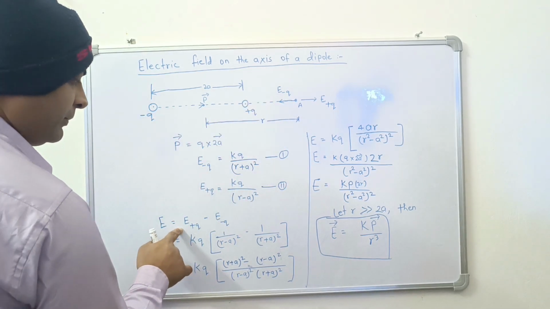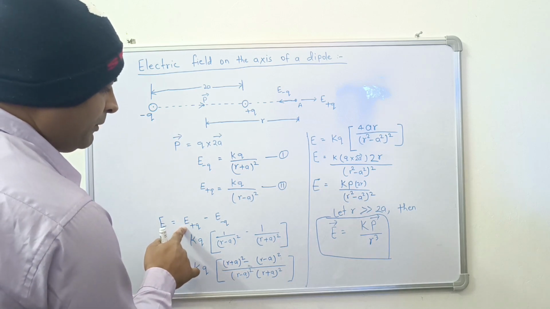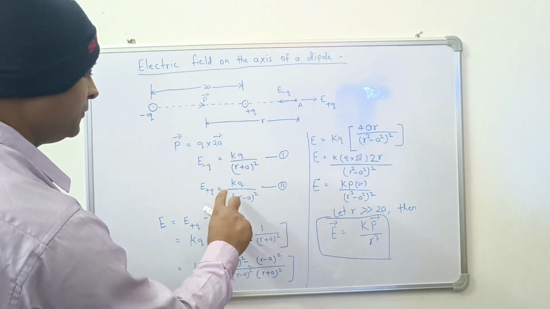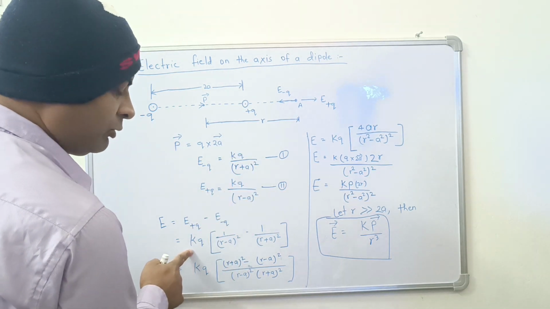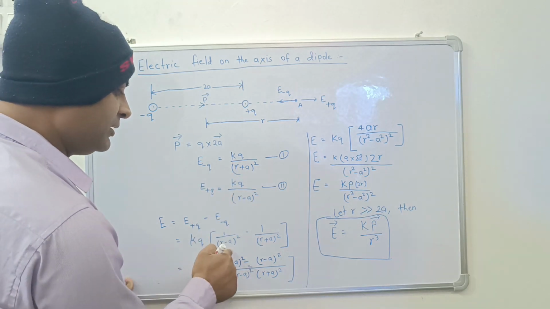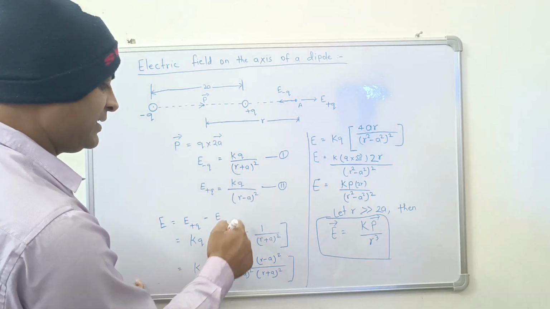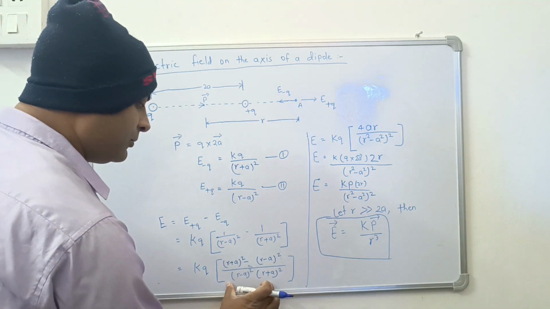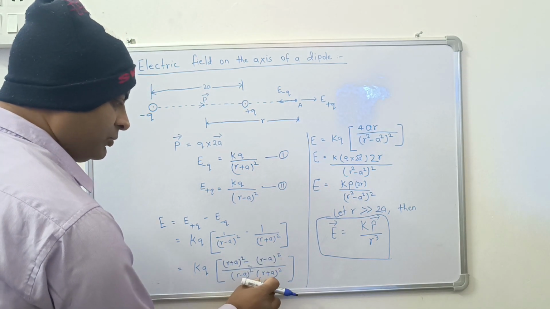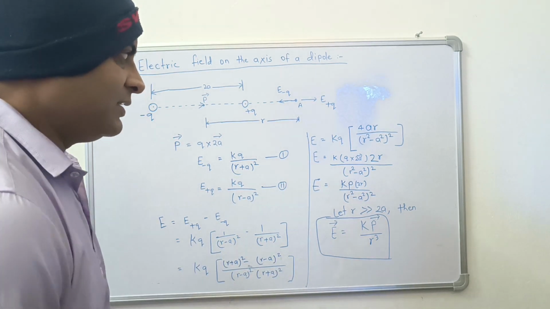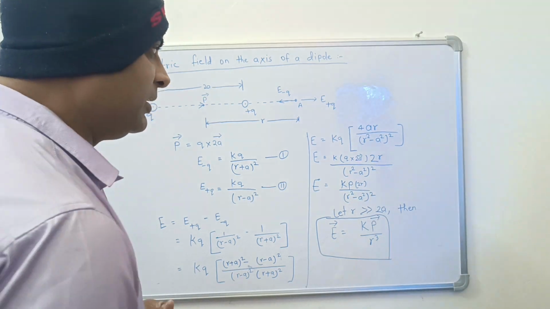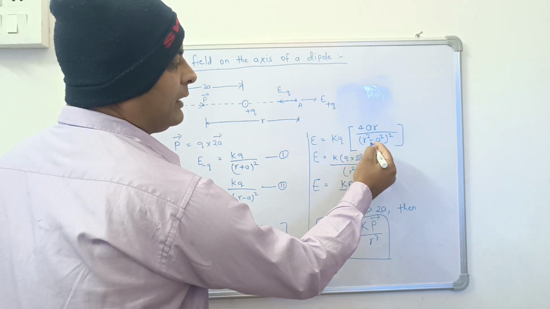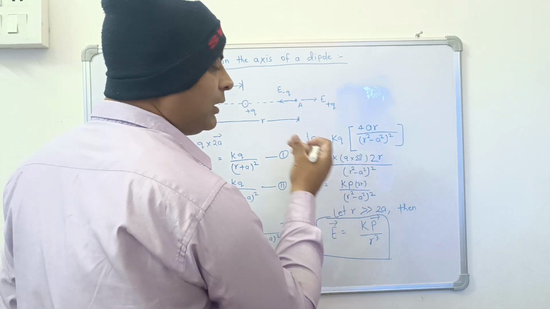So we keep E due to plus Q minus E due to minus Q. Taking the common factor kQ out, you get 1 upon (r minus a) squared minus 1 upon (r plus a) squared. Taking the LCM and solving, you get kQ times 4ar upon (r squared minus a squared) whole squared.